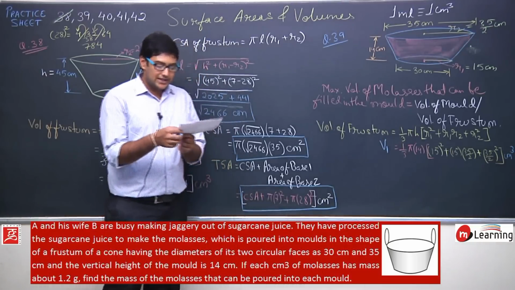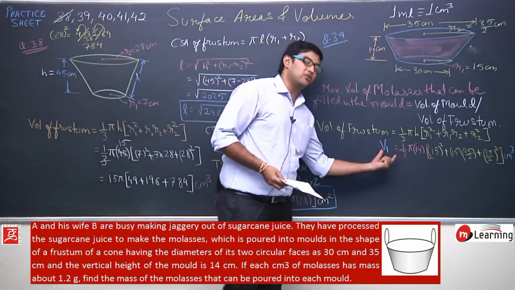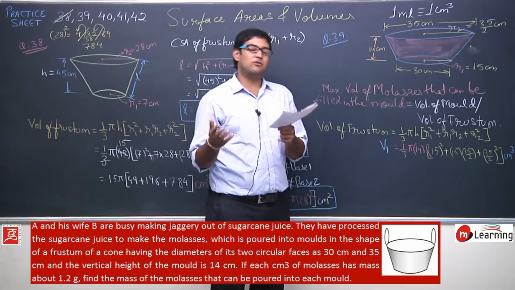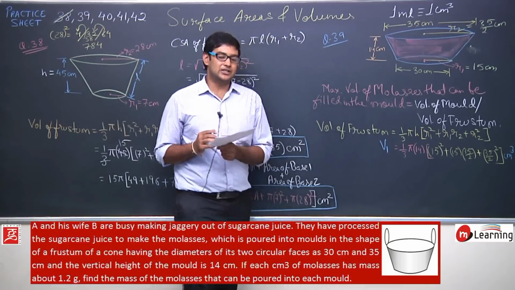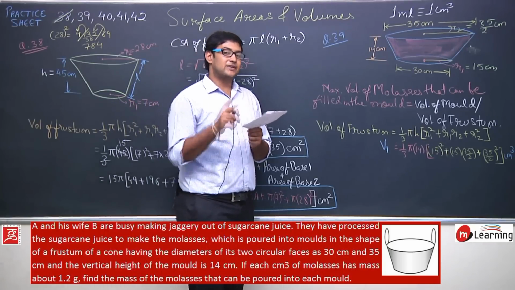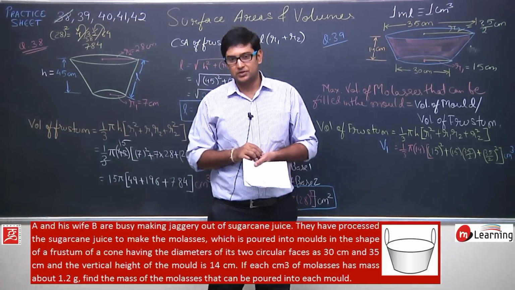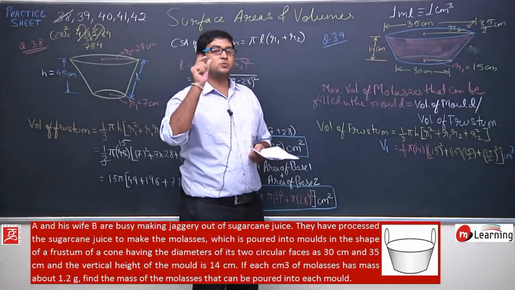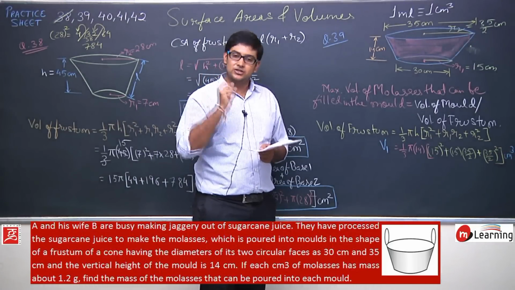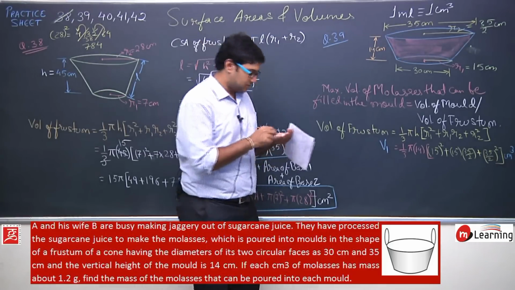Now it says calculate the mass of molasses that can be poured. So what is given in the question? The data given is that each centimeter cube of molasses, that is 1 centimeter cube of molasses, will have a mass of 1.2 grams. So if I have a small cube of molasses which is 1 centimeter cross 1 centimeter cross 1 centimeter, then its mass will be 1.2 grams.